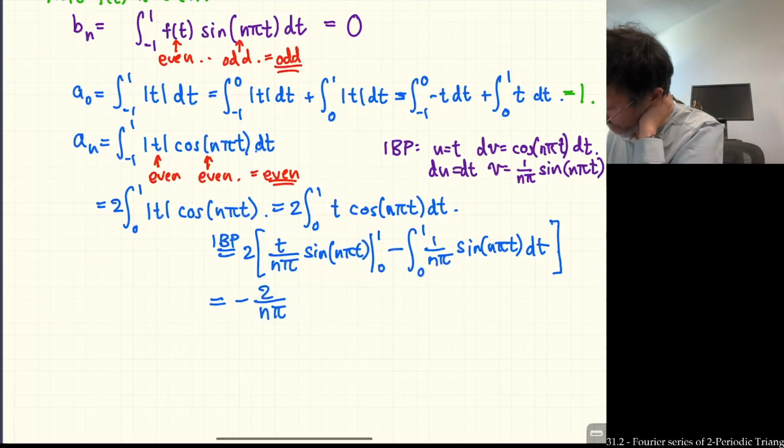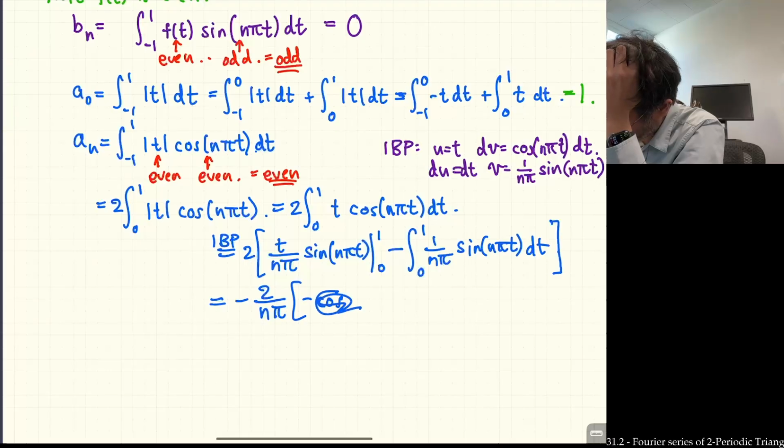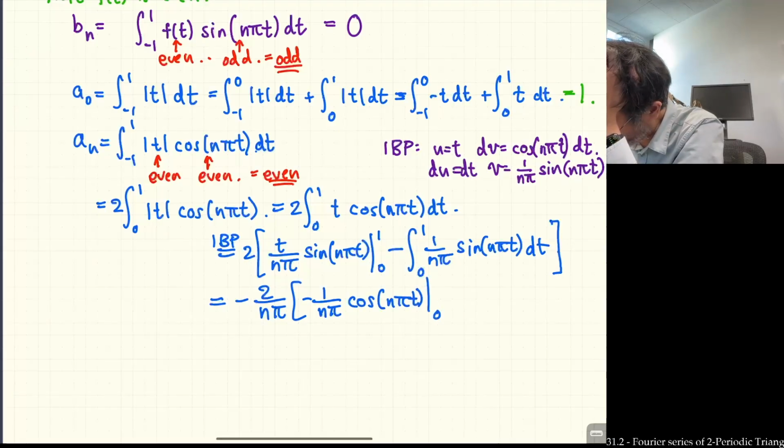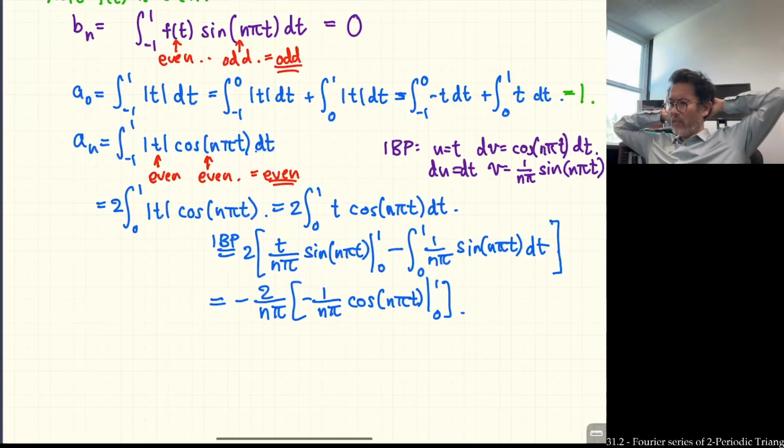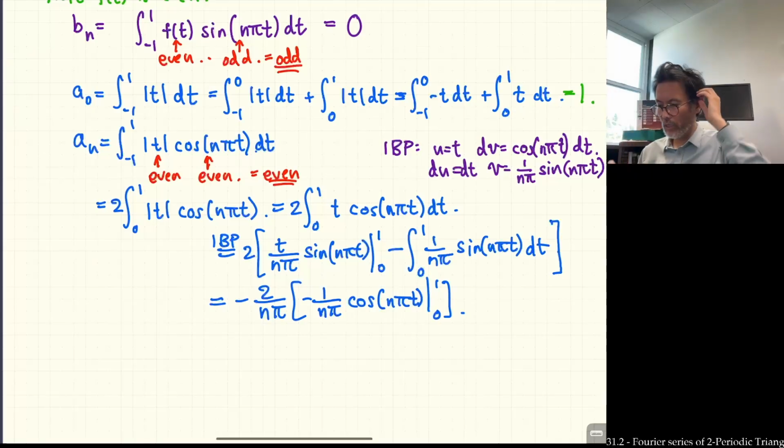What is an antiderivative for sine of n pi t? I think that would be negative cosine. No, I want my coefficient out front. Negative 1 over n pi times the cosine of n pi t. And this gets evaluated from 0 to 1. It looks real good.